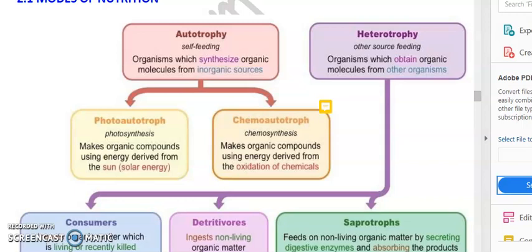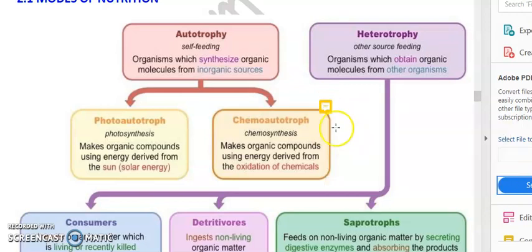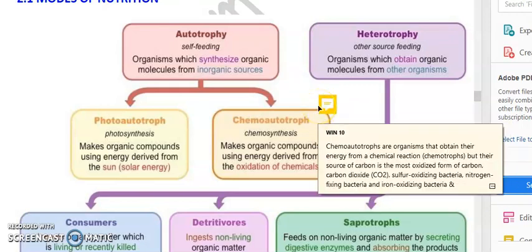And chemoautotrophs are those organisms which don't require light. So they have means of making organic compounds from oxidation of chemicals or inorganic substances. They can directly synthesize their own food, but they don't require light, right? They derive their energy from various chemical reactions.